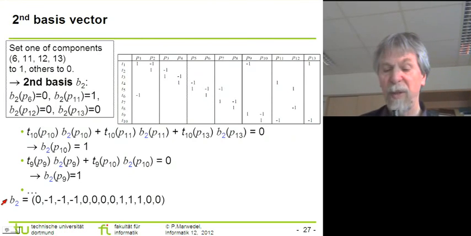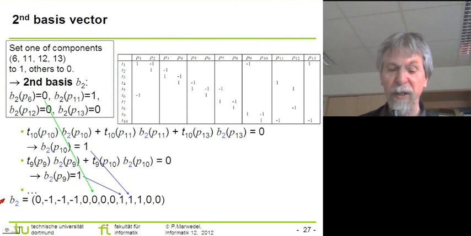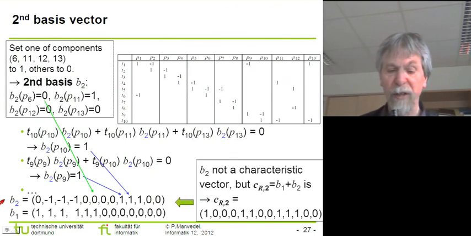So this means that the question now is, what could we add to this basis vector in order to have a characteristic vector? Well, it's pretty easy if below this basis vector we write the first basis vector. If we compare the different entries there, we come to the conclusion that the sum of these two basis vectors is providing us with another characteristic vector, with a vector that only has 1s and 0s.